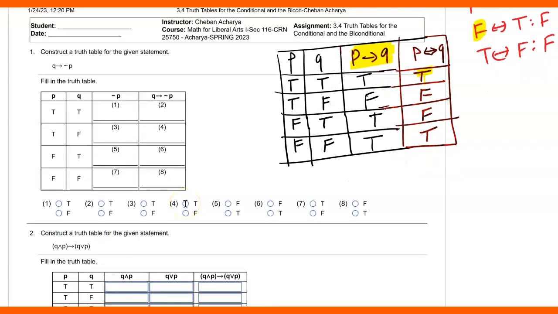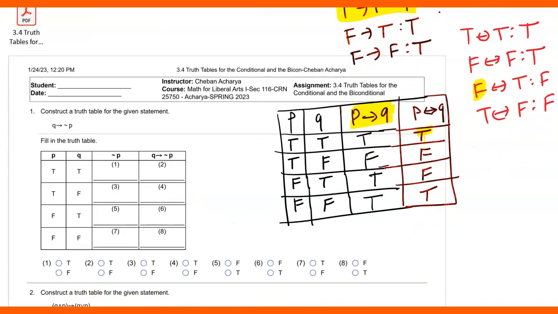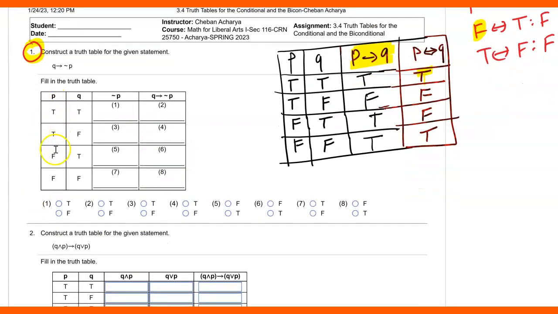Now let's do question number 1 from the homework, a very simple question. The first question is: construct the truth table for the given statement. Sometimes they give you the truth values of P and Q, like P is T, T, F, F and Q is T, F, T, F, like I mentioned before.